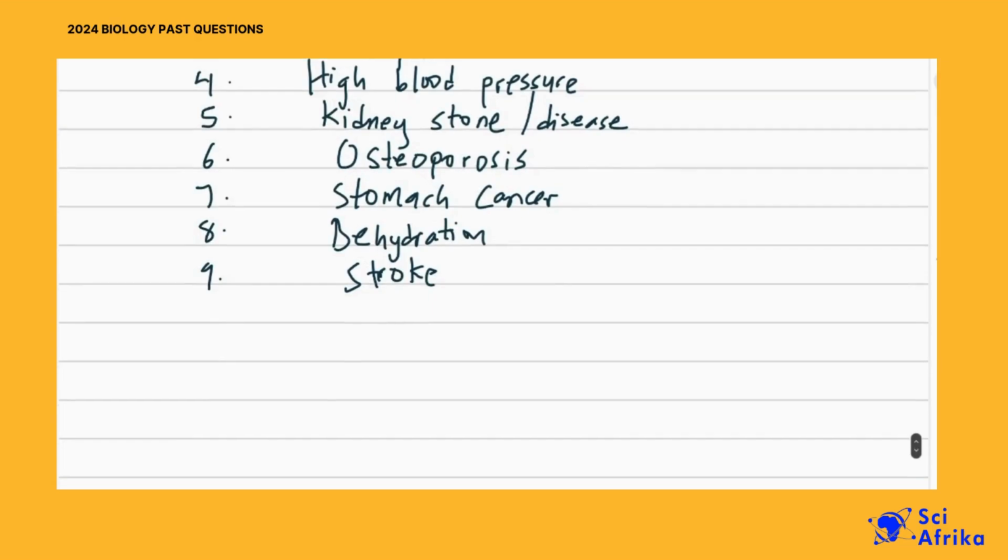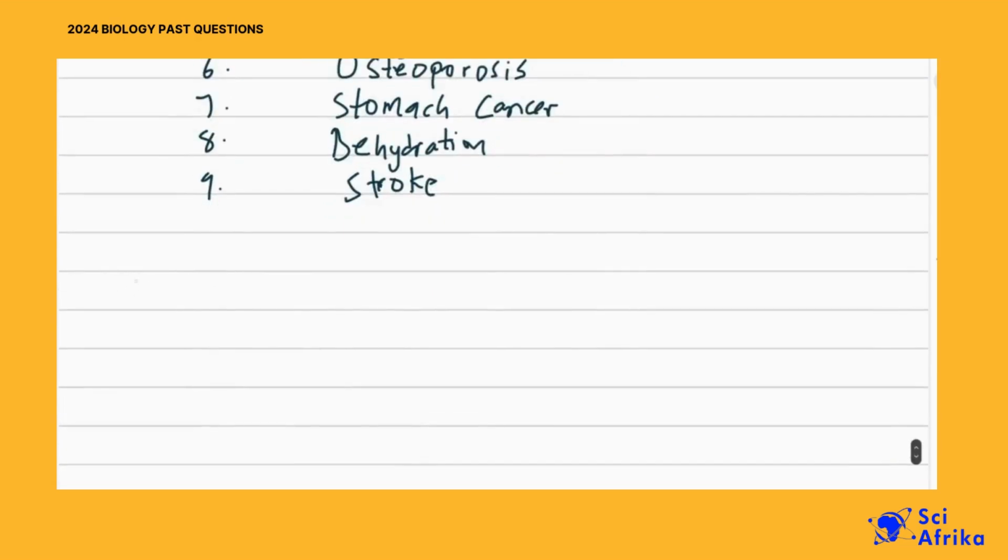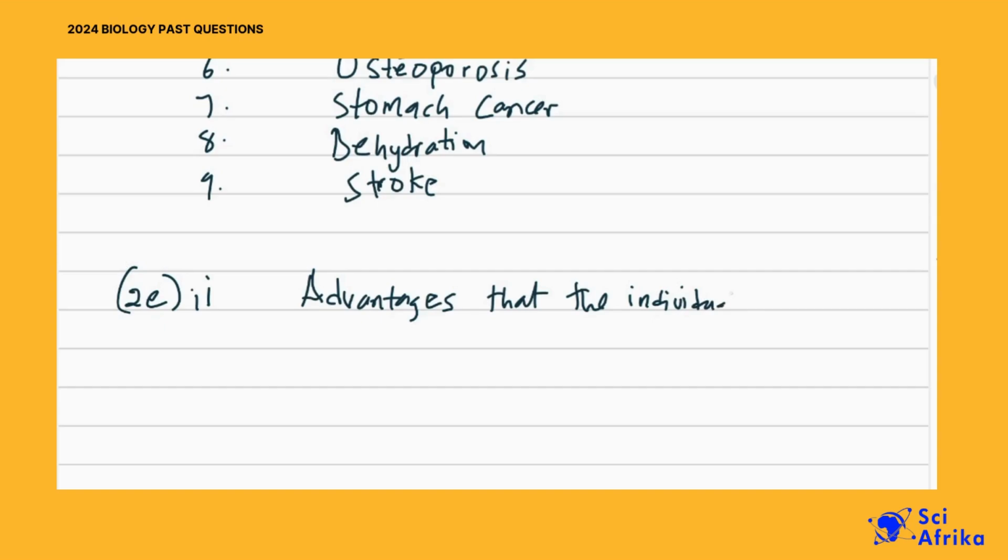So we shall go on to the 2II, that's question 2E, II. This is asking us to say the advantages that the individual derived from the meal.